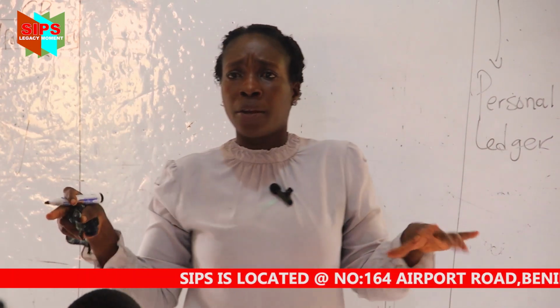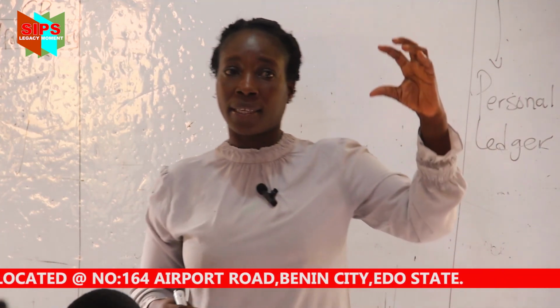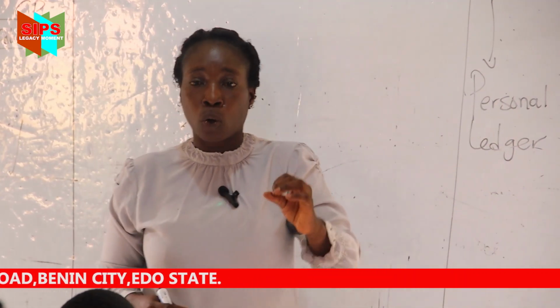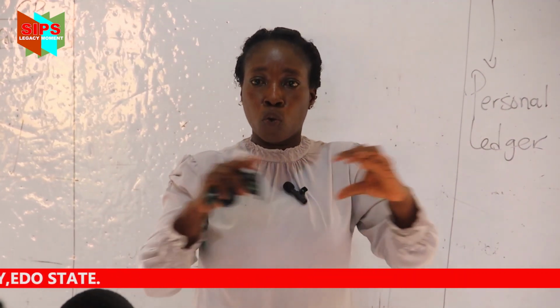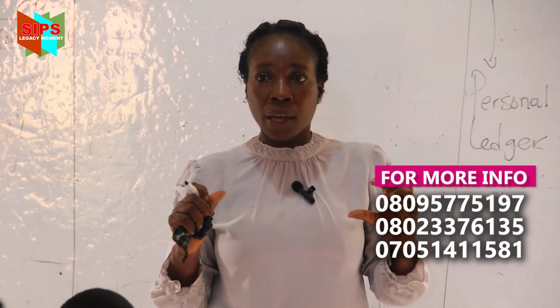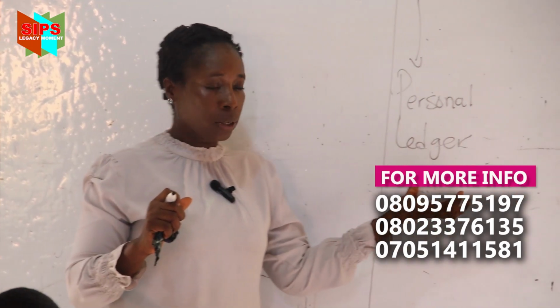Or if it is not an individual, let's say you have a business transaction with an organization, you use the name of the organization to document your ledger information whenever you are asked to do that. That's for what? Personal ledger.